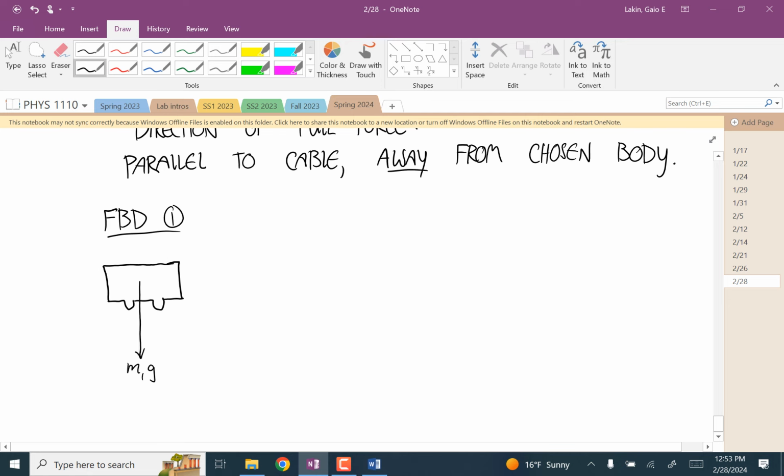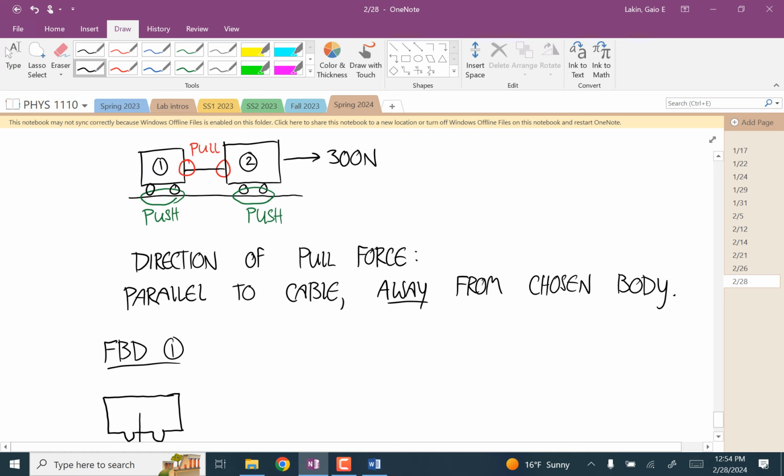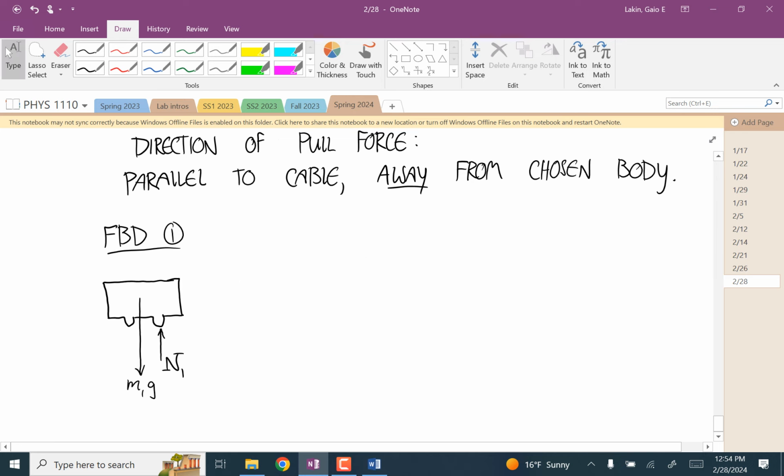Then we have a pushing force that the ground applies to the wheels. That's perpendicular to the surface toward the chosen body. I'll call that N1. And then the only other place the surroundings contact the boundary is at that cable. The rules say that force is parallel to the cable, away from the chosen body, and I'll give it the name T for tension.